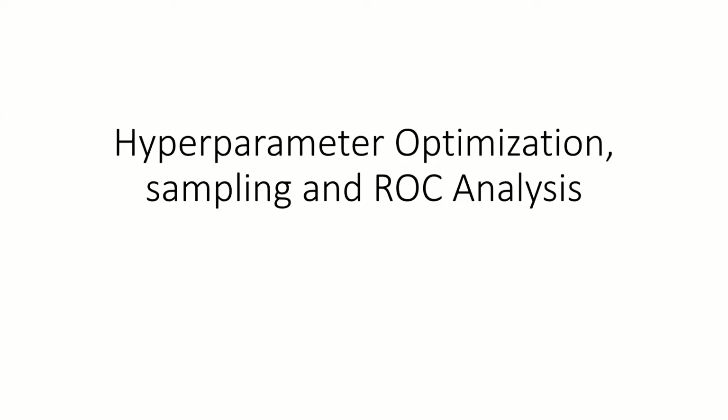So we're going to talk about something really important that you should always do in machine learning, and that is something called hyperparameter optimization, look at different sampling methods, and finally, receiver operating characteristic analysis, or ROC analysis. This works on any machine learning algorithm, or most machine learning algorithms at least. We'll use SVM as an example.